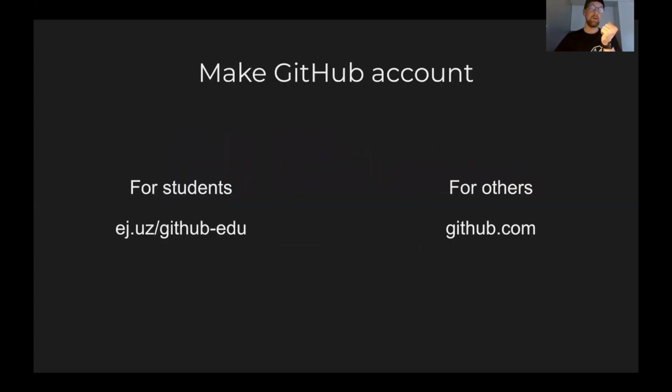So first of all, you need to have a GitHub account. You can either go to GitHub if you're not a student, but if you're a student, you can follow this one link here and register, which is GitHub's education pack. They also give you loads of different added services and bonuses as a student.